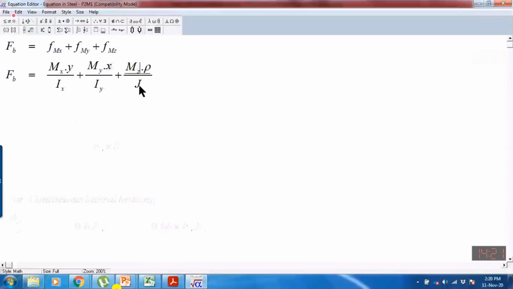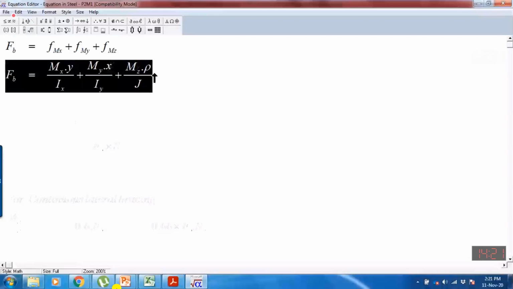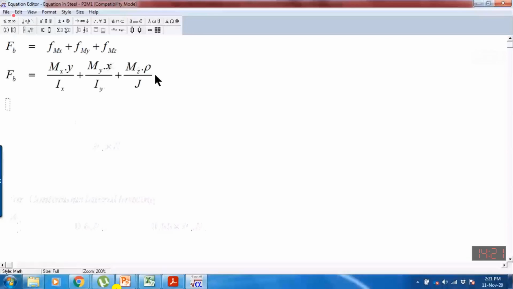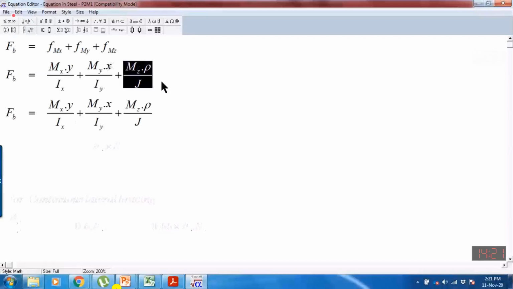Actually, what I want to explain here is that when we design, it is very difficult to compute these torsion stresses. Torsion stresses are easy to compute for a rectangular section and circular section. But for any open section, channel section, angle section, and I section, it is difficult to compute torsion stress. Okay, let me also modify this formula.